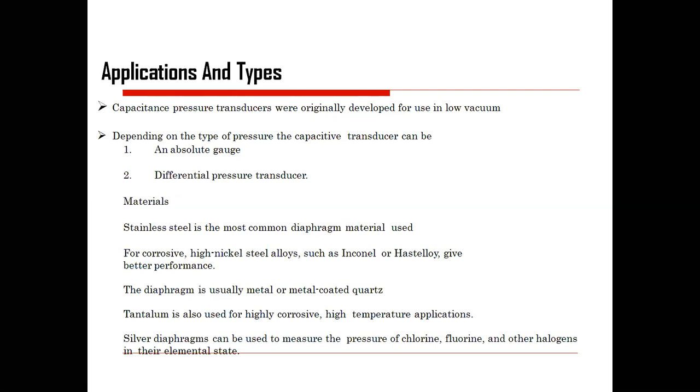So other than stainless steel, which we commonly use because it is available in the market, in some cases where a corrosive type of material or environmental condition is present, to avoid the corrosion of the plate, we can use a nickel steel alloy also, which will avoid the corrosion and wear and tear of that component.